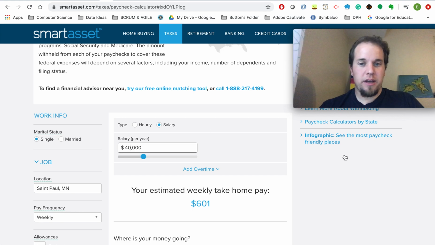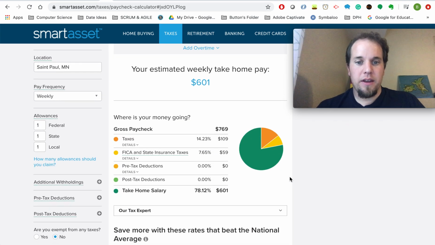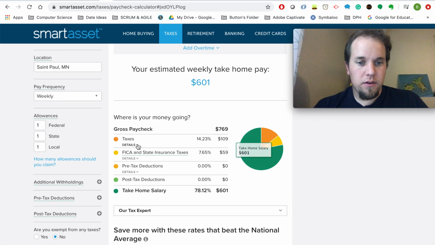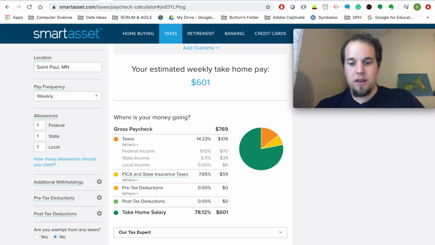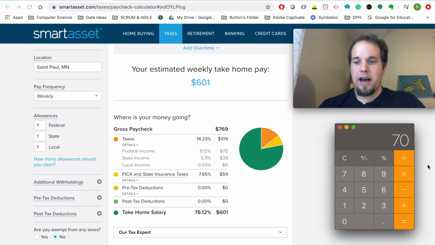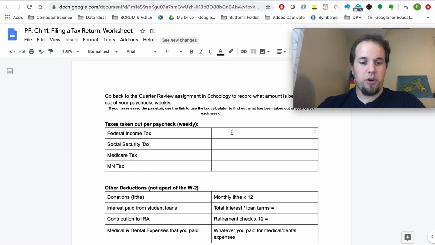Not 40 million. That'd be nice. Okay. Details. 70. So 70 times 52 is $3,640. So we're going to put $3,640 has been taken out for federal.